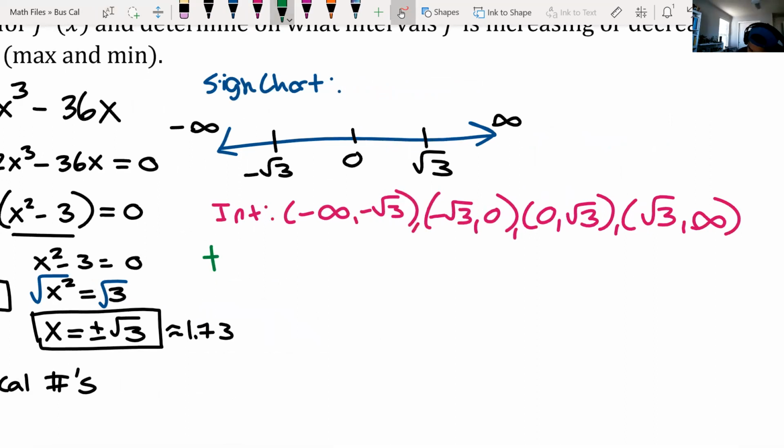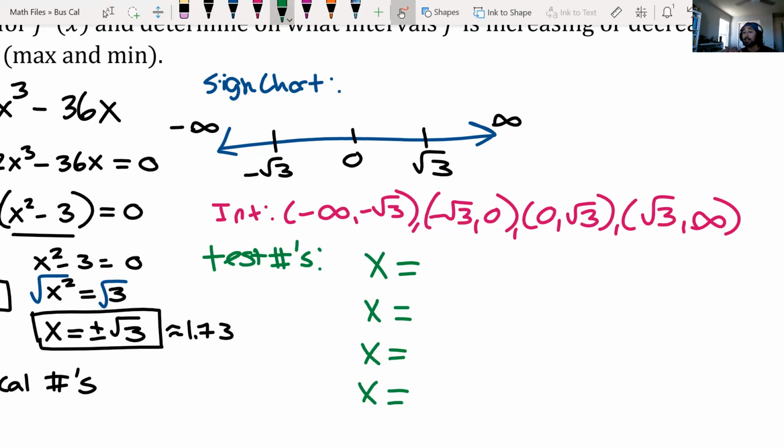Next is test numbers. We're going to have 4. x equals, x equals, x equals, x equals. Give me a number from negative infinity to negative 1.73. Negative 2.